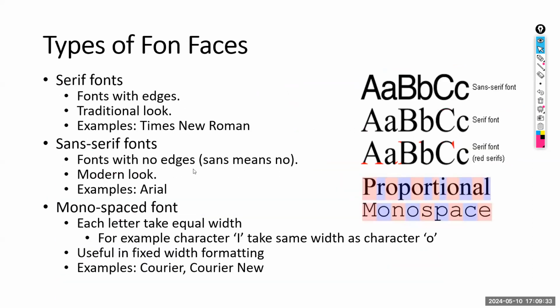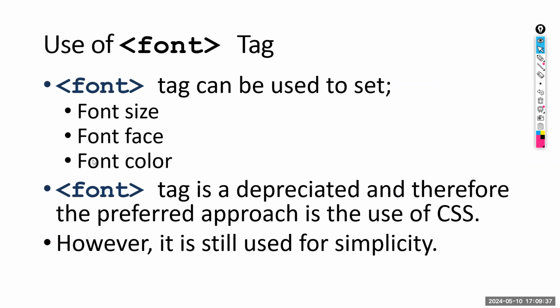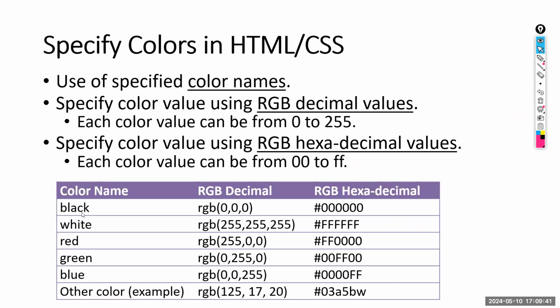Right. So remember, we can specify the color using the color attribute. There are 3 ways you can specify color. For well-known colors, you can use the name like black, white, red, blue, and so on.